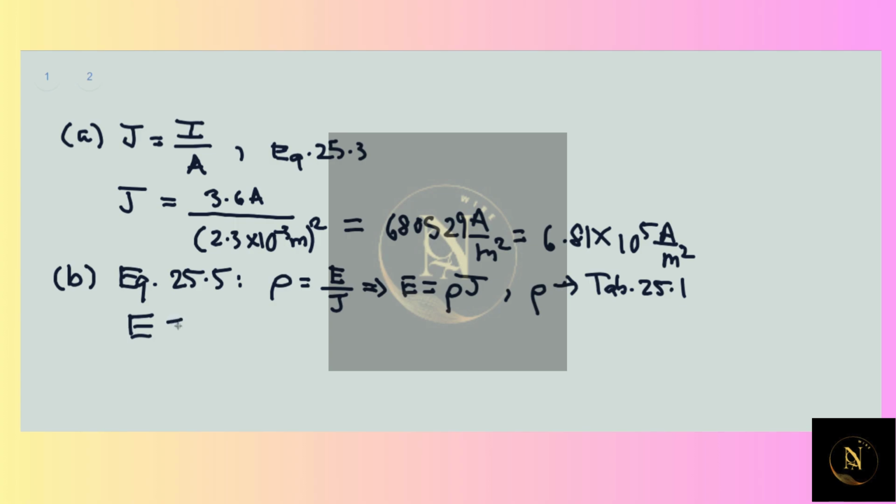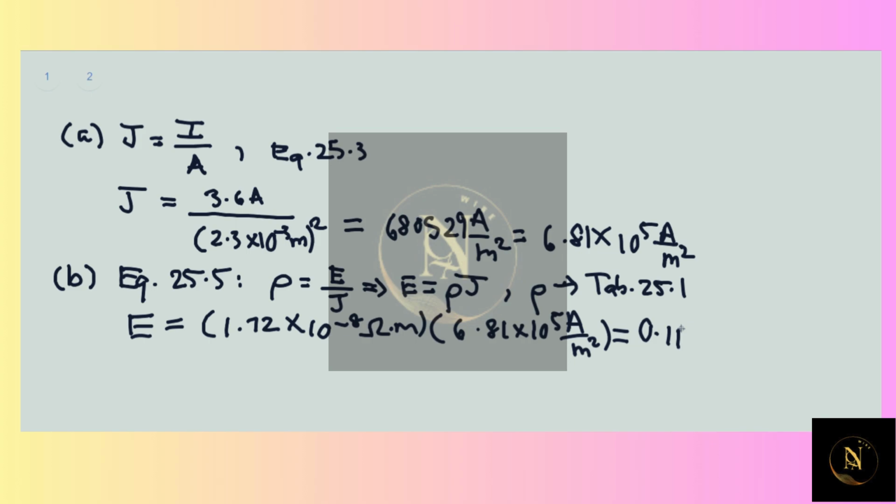So then the electric field is given by the resistivity of copper, 1.72 times 10 to the minus 8 ohm meter, times the current density that we just found, in amperes per meter squared, which gives an electric field of 0.117 volts per meter.